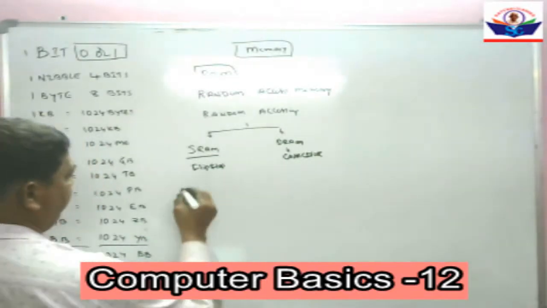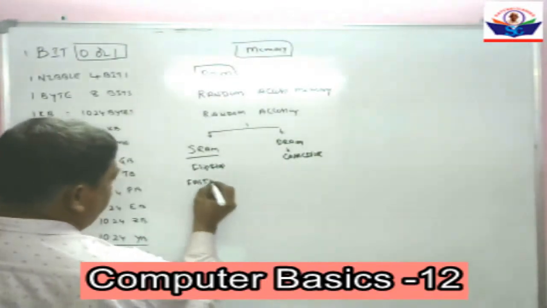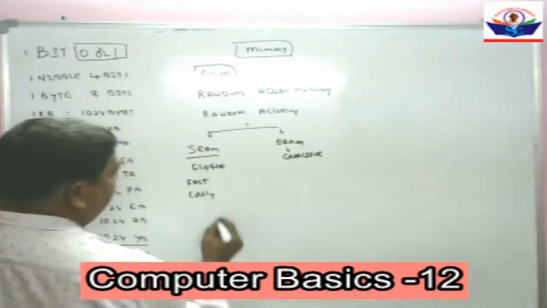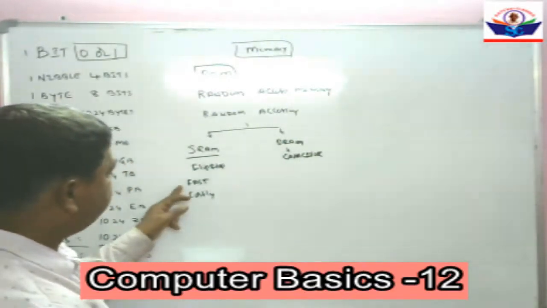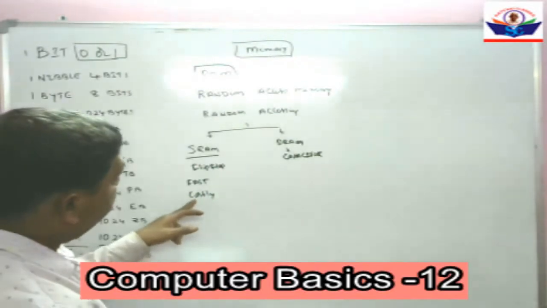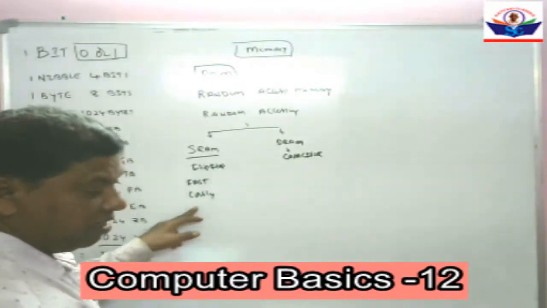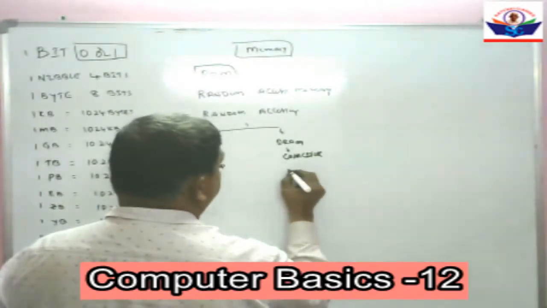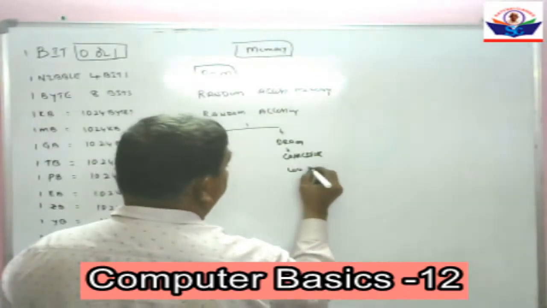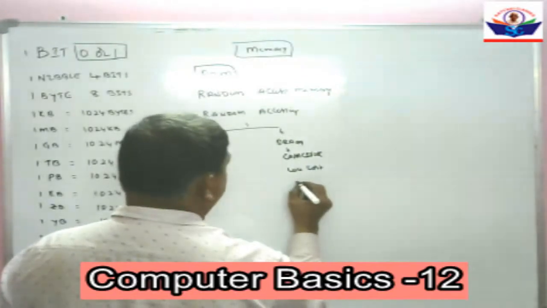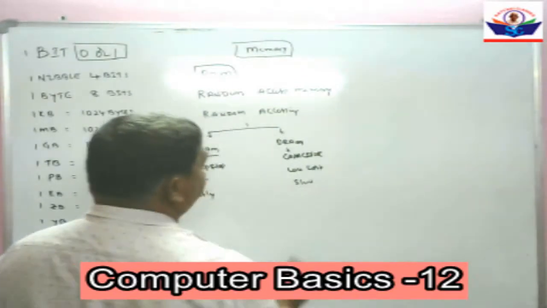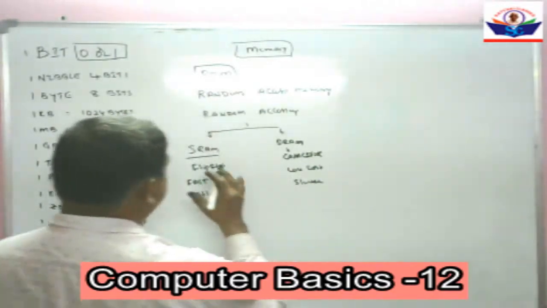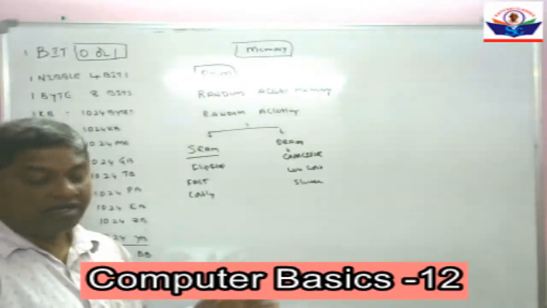SRAM is very fast and costly also. DRAM is low cost and slower than SRAM.